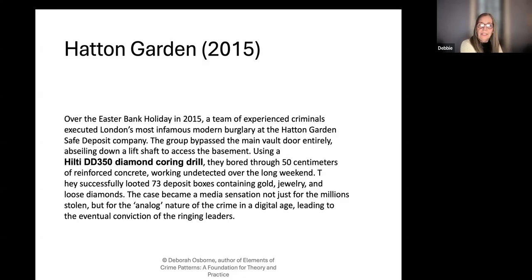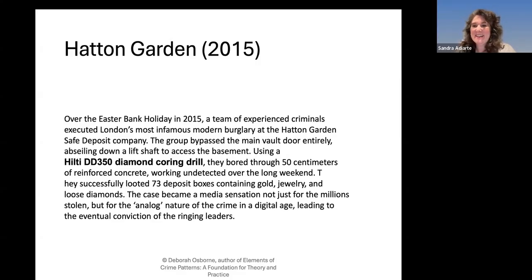Went through the reinforced concrete again over a long holiday weekend, which was Easter bank, and they looted 75 deposit boxes containing gold, jewelry, loose diamonds, and I'm sure quite a bit of other things. But it was considered analog, like old-fashioned, right? So they're still doing old-fashioned crimes.